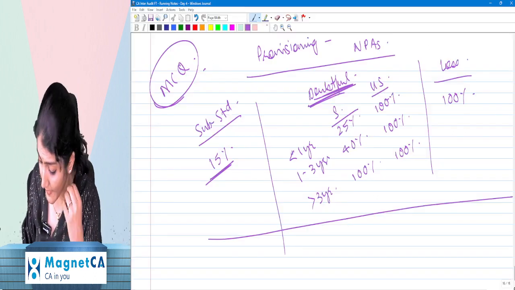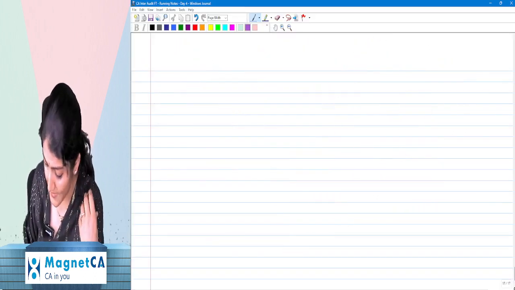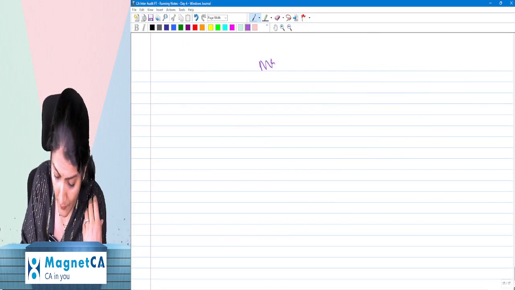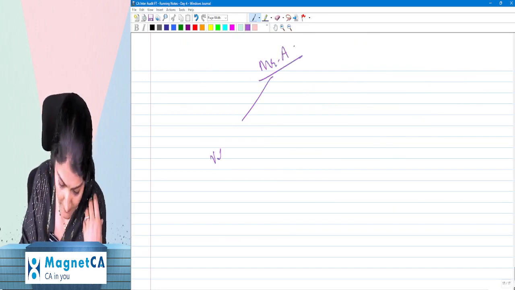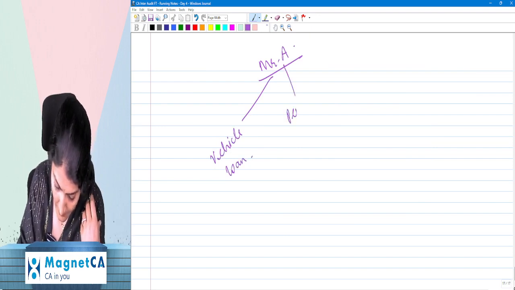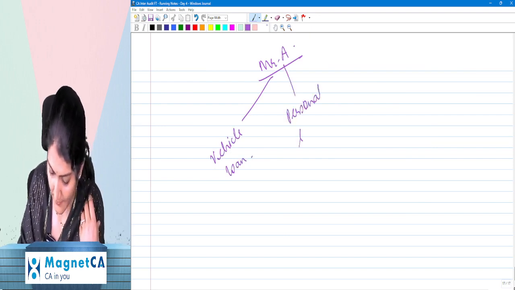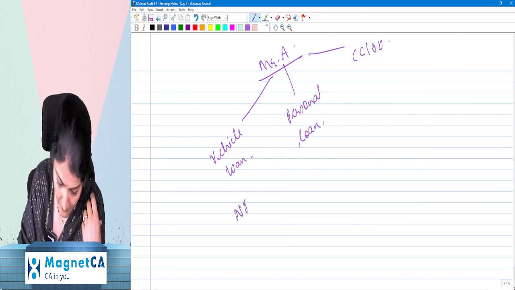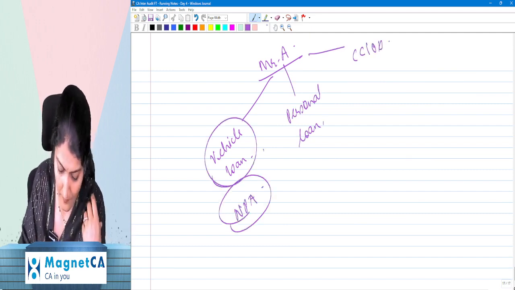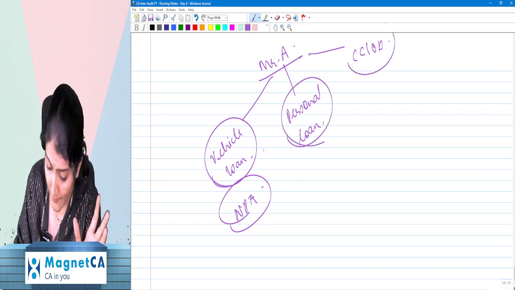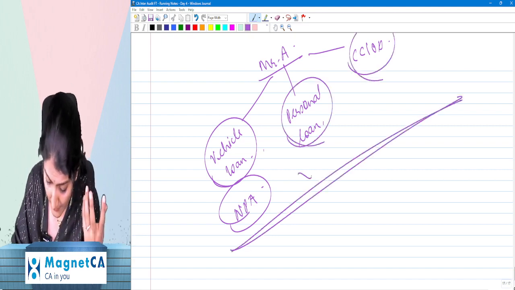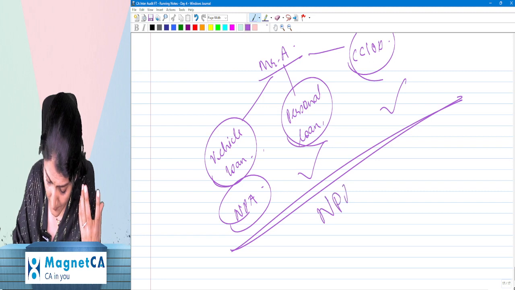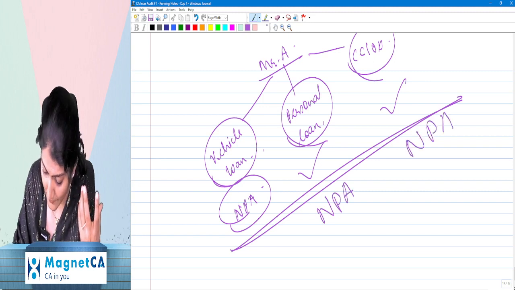Okay, then say a particular borrower, say Mr. A, has taken 3 loans from the bank. One, he has taken a vehicle loan, second, he has taken a personal loan, and third, say he has taken a CC overdraft from the bank. Out of that, say one becomes an NPA. Say the vehicle loan becomes an NPA. The other 2, there is no NPA. But still, will the other 2 also be considered to be NPA? Yes, because what does it say?